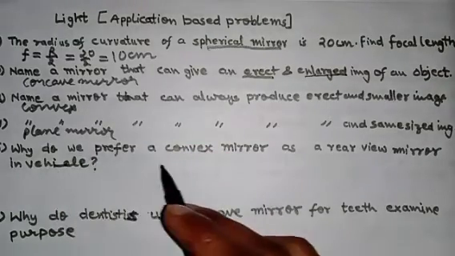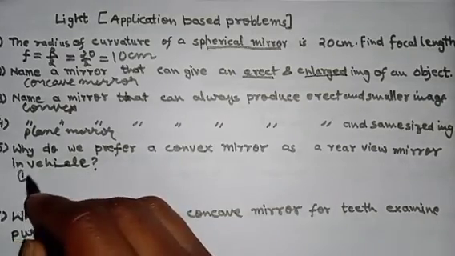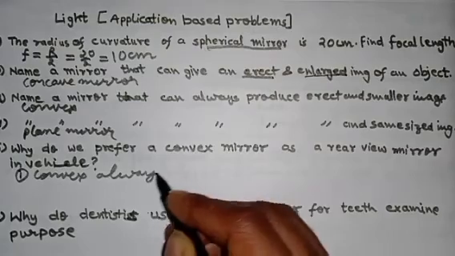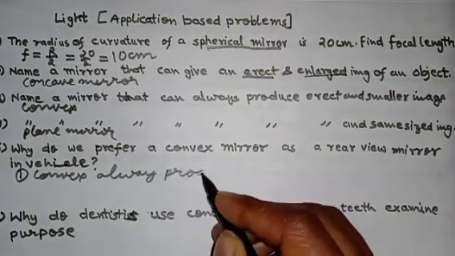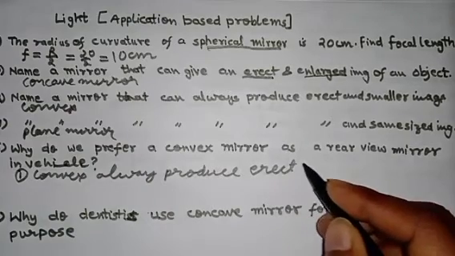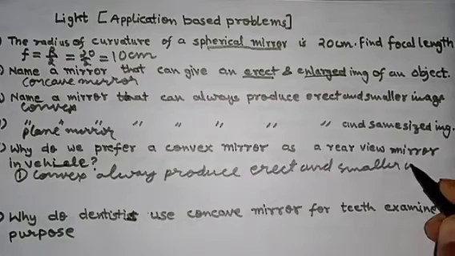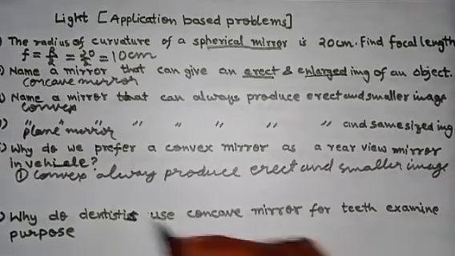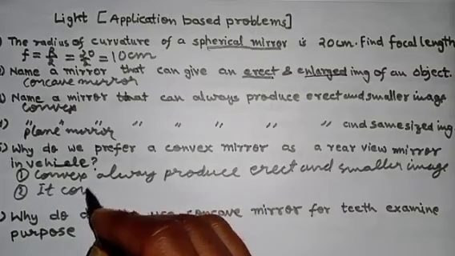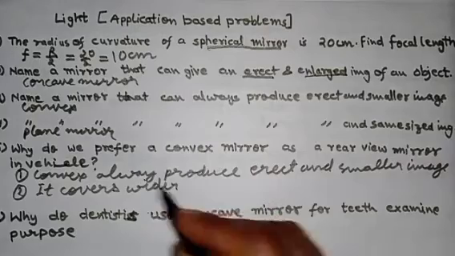Why do we prefer convex mirror as a rear view mirror in vehicles? So first thing, convex always produces erect and smaller image. Number two, it covers wider angle, wider area.